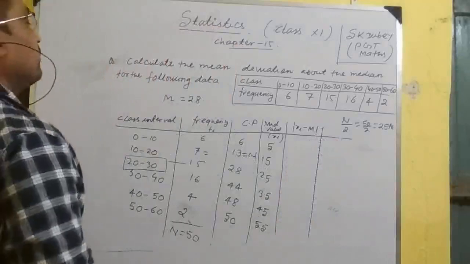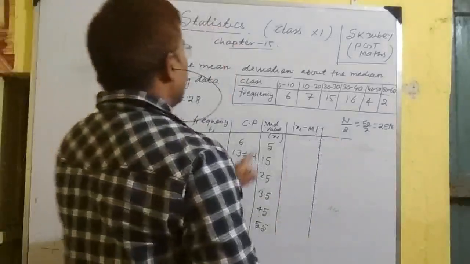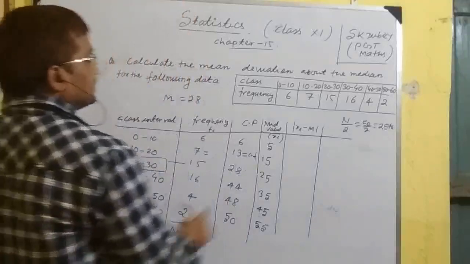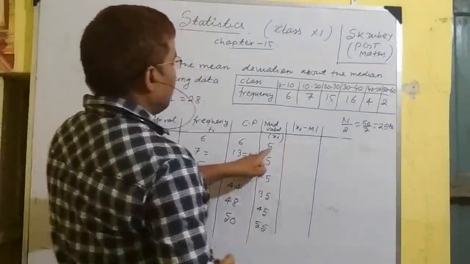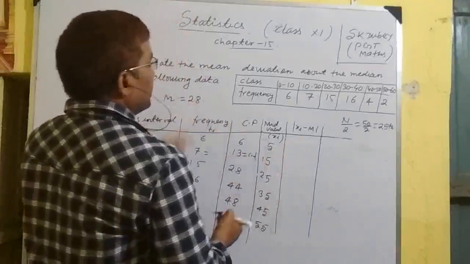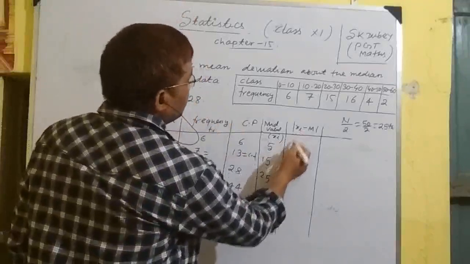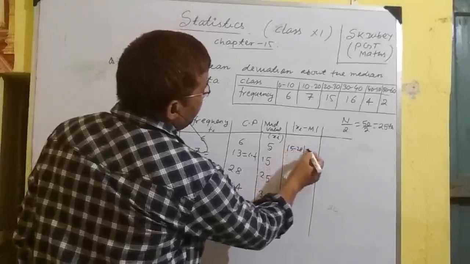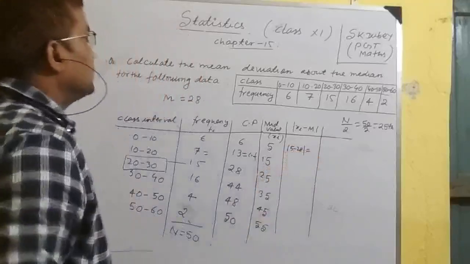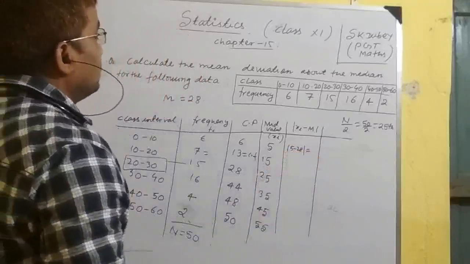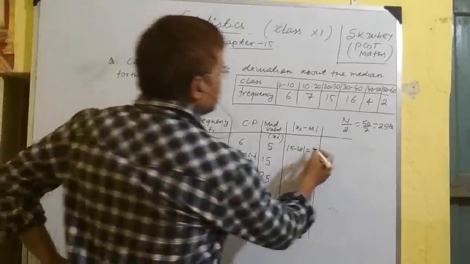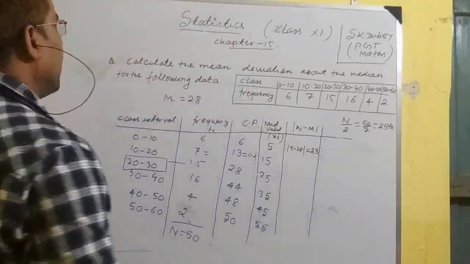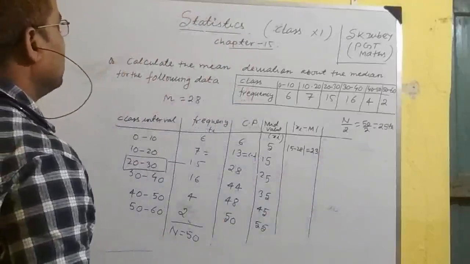Absolute deviation of xi from the median: 5 minus 28 is minus 23, that is 23. Because of absolute, we have to take only the absolute value.